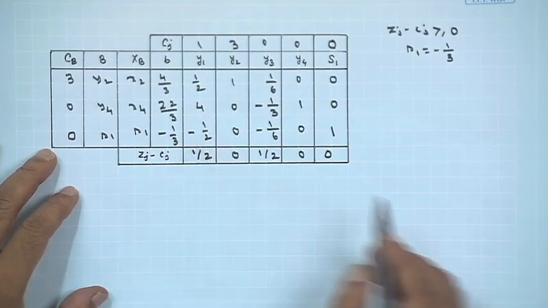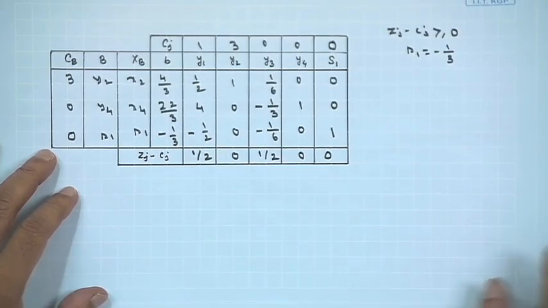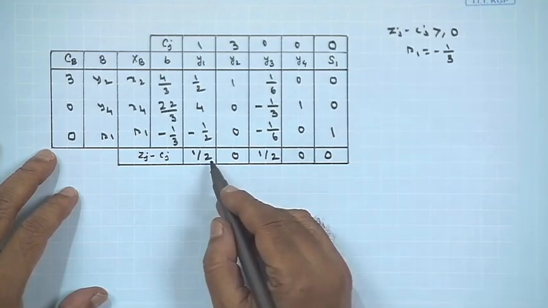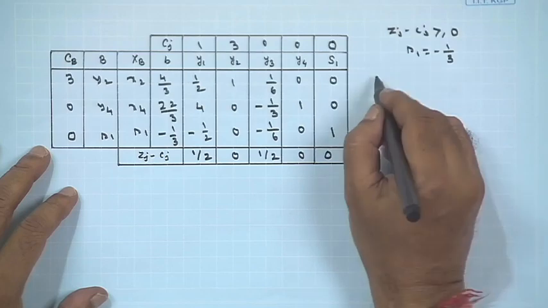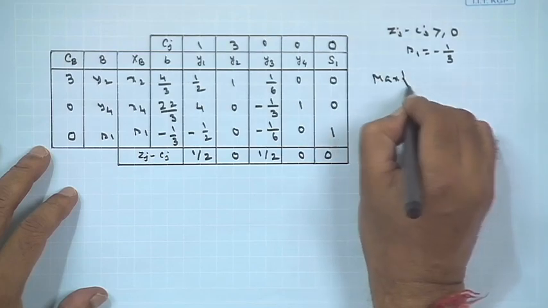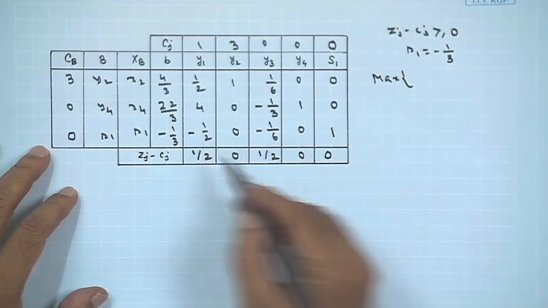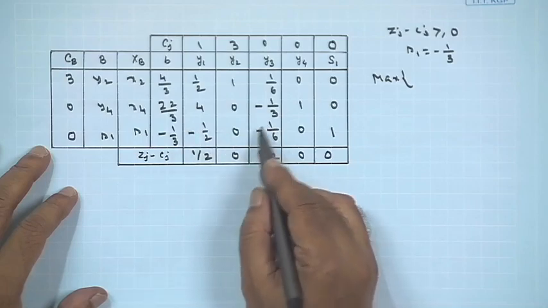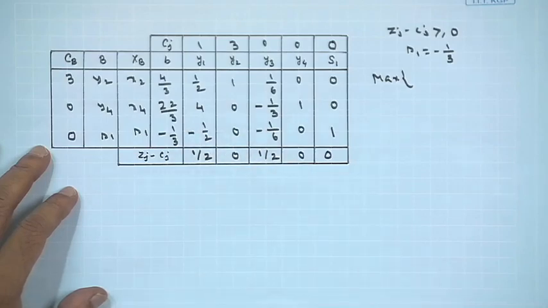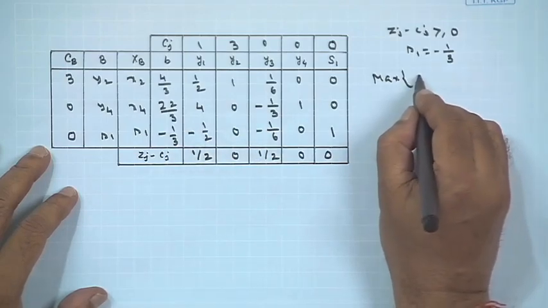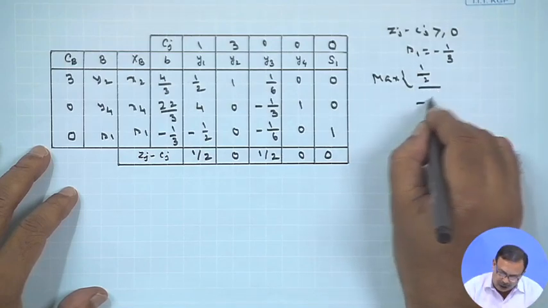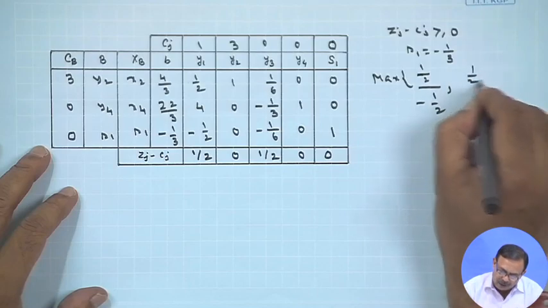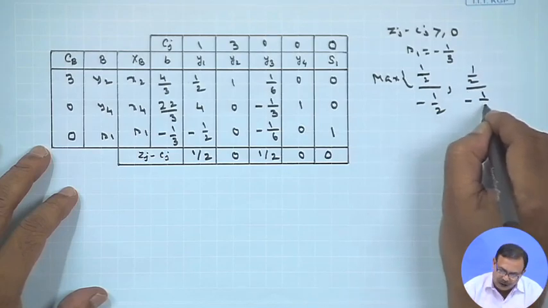So, in this case, negative is coming here and here. So, maximum of half divided by minus half and half divided by minus 1 by 6.